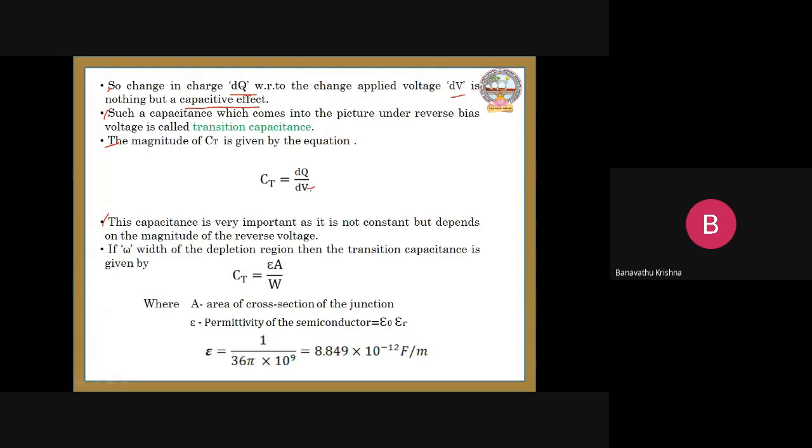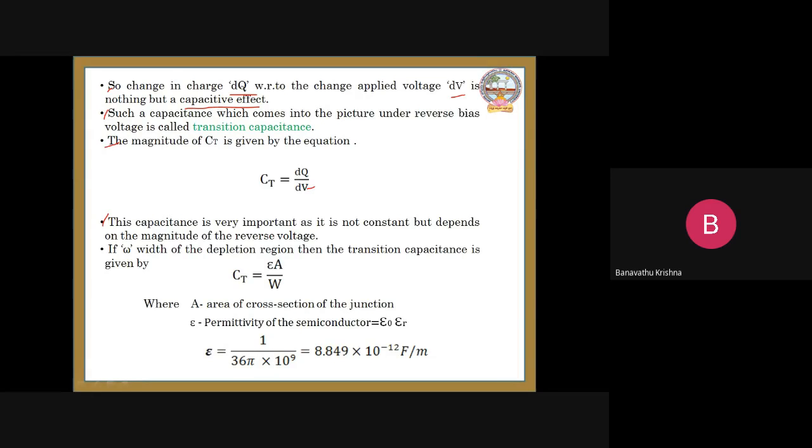Due to that, the capacitance also decreases. If the depletion region is small, there are higher carrier concentrations and a high electric field intensity at the junction. But here, due to the reverse bias condition, the depletion region increases, so the capacitance also decreases. That will be shown in the next slide, from a graphical point of view.